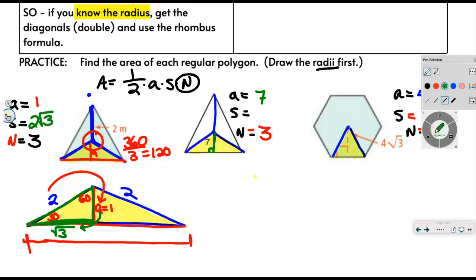Now those ingredients go into my formula. I do 1/2 times the apothem, 1, times the side length, which is 2 root 3, times the number of sides. And I just plug it in.